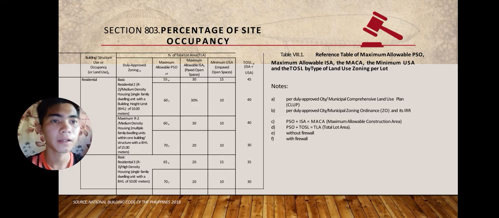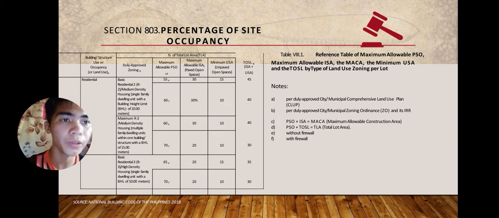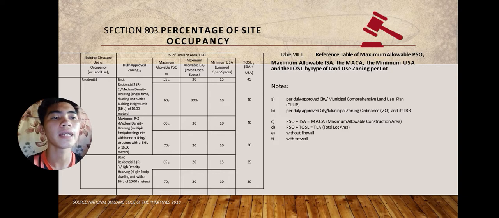Note, per duly approved city or municipal comprehensive land use plan or CLUP, then per duly approved city zoning ordinance or ZO and its IRR, then PSO plus ISA equals MACA.